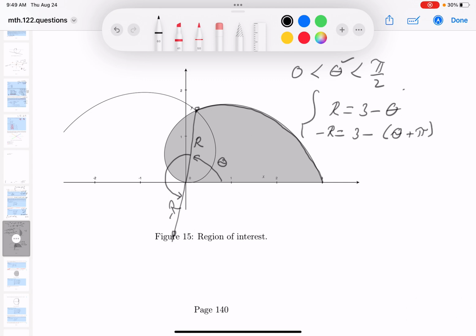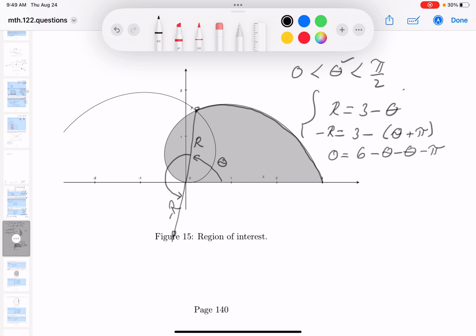I have two equations, two unknowns. My goal here is to find out what theta is, and then make sure theta is between 0 and pi over 2. So add them together. You get 0 on one side. The other side will give you 6, since 3 plus 3 is 6, minus theta, minus pi. Let's keep going.